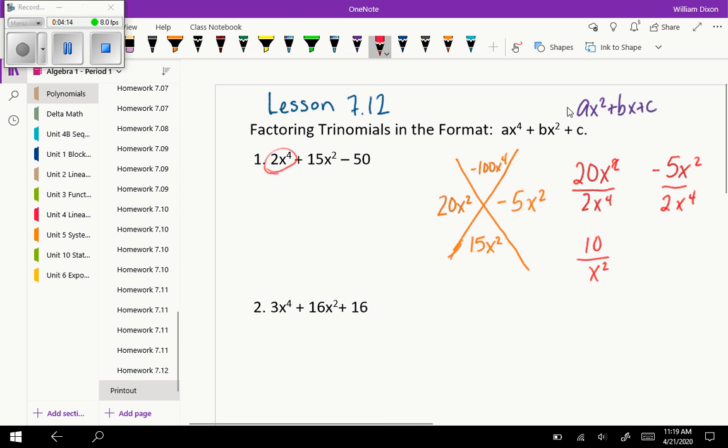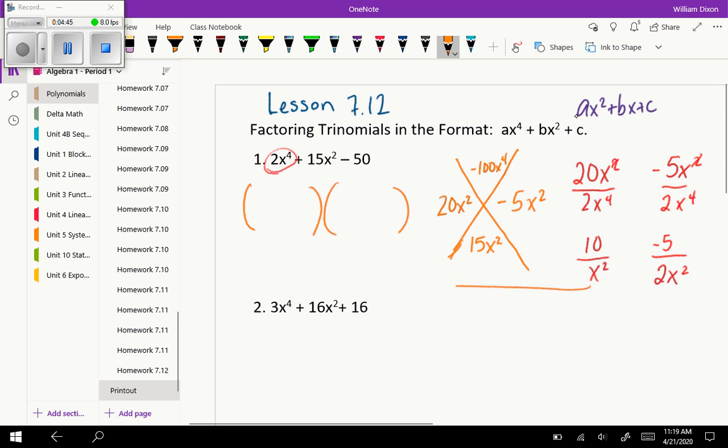Because remember, our rule is when we divide exponents, we subtract them. So my second one, that is already reduced. So that's going to be negative 5 over 2x squared. Once again.